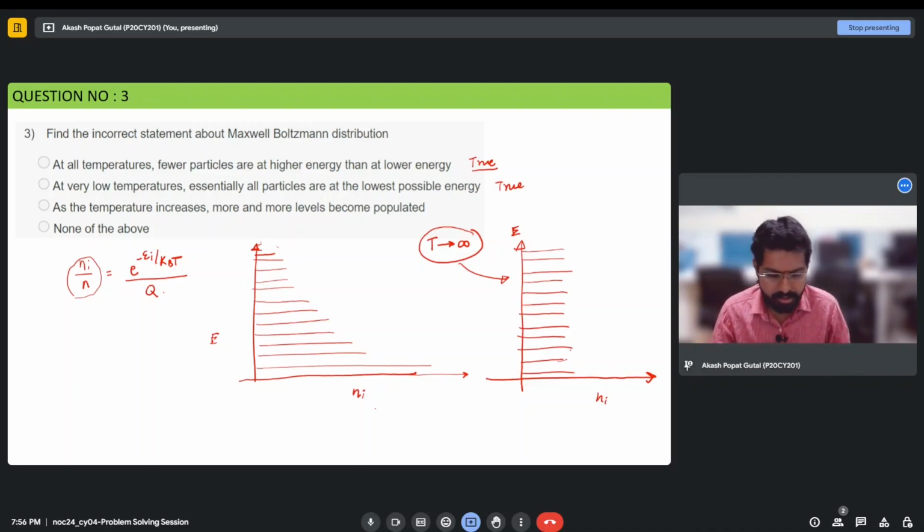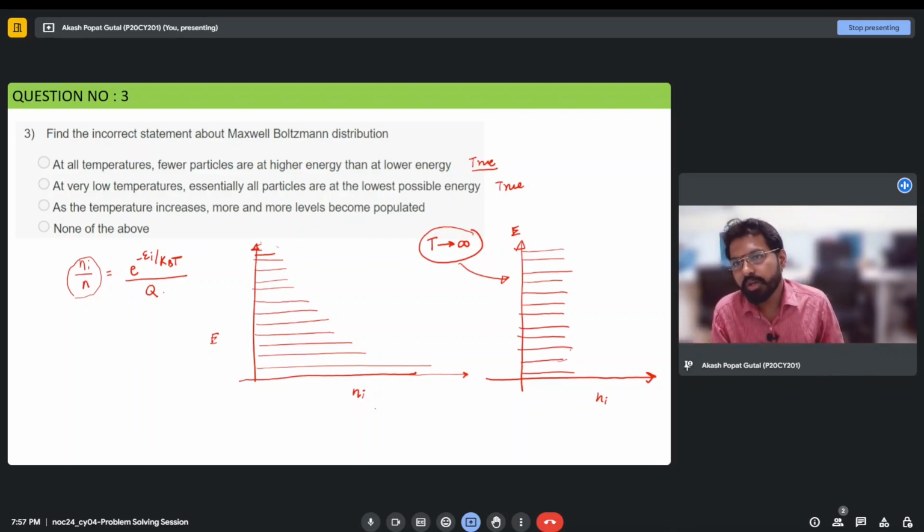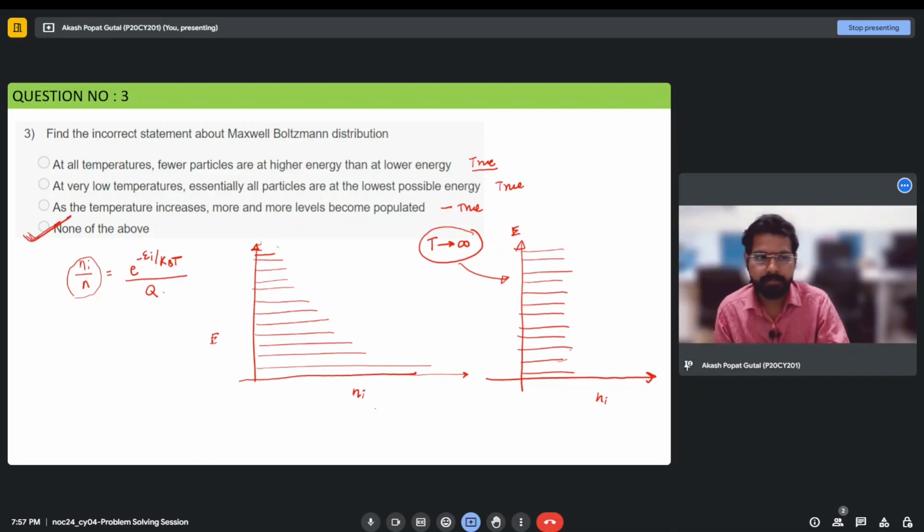Once we increase the temperature, the distribution shifts towards higher energy levels, but at T tends to infinity, all energy levels are filled equally. That is the final point. So the third statement is true too. We were asked to find the incorrect statement, but all three statements are true. So the answer should be none of the above, option number four.